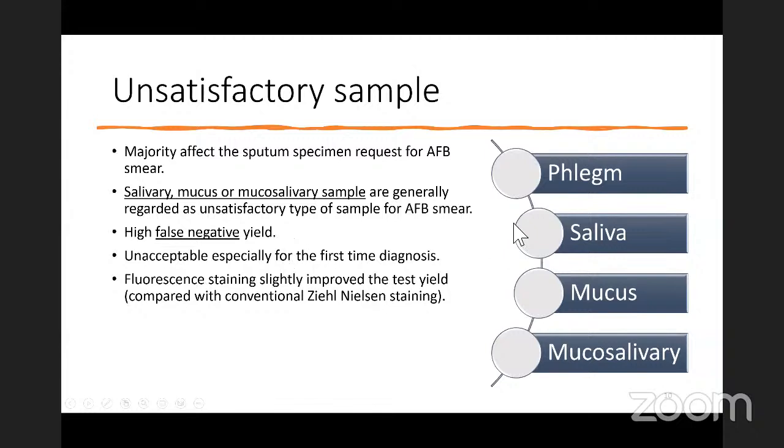We are looking for phlegm, not saliva, not mucus, not a mucosalivary sample. Especially a salivary sample is not acceptable, especially for a case that you are diagnosing for the first time. You don't want to get a false negative result in this kind of patient.